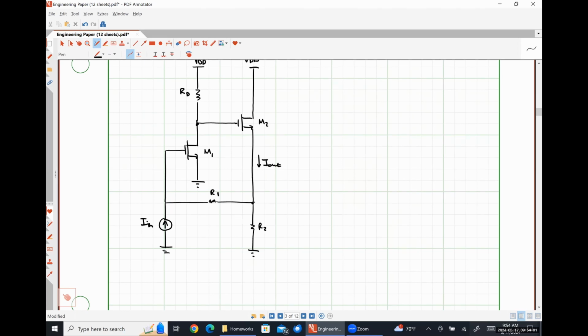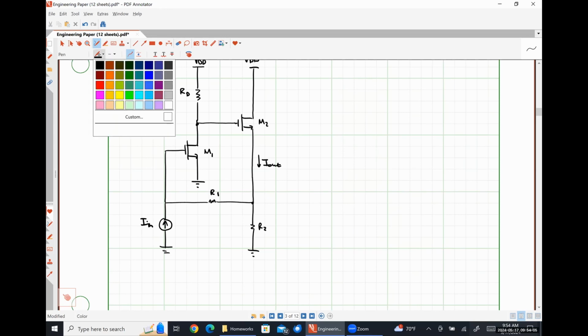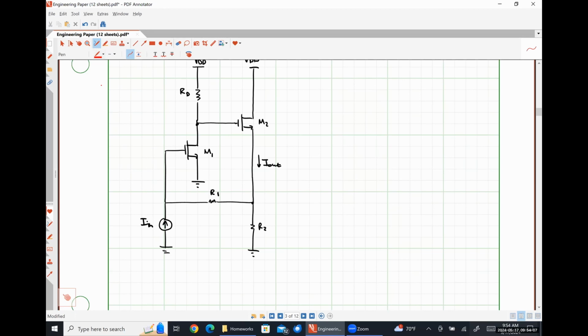So just for the sake of argument, I'm going to define some things here. So looking into this node is how we're going to determine RIF, and looking in here is how we're going to determine R naught F.